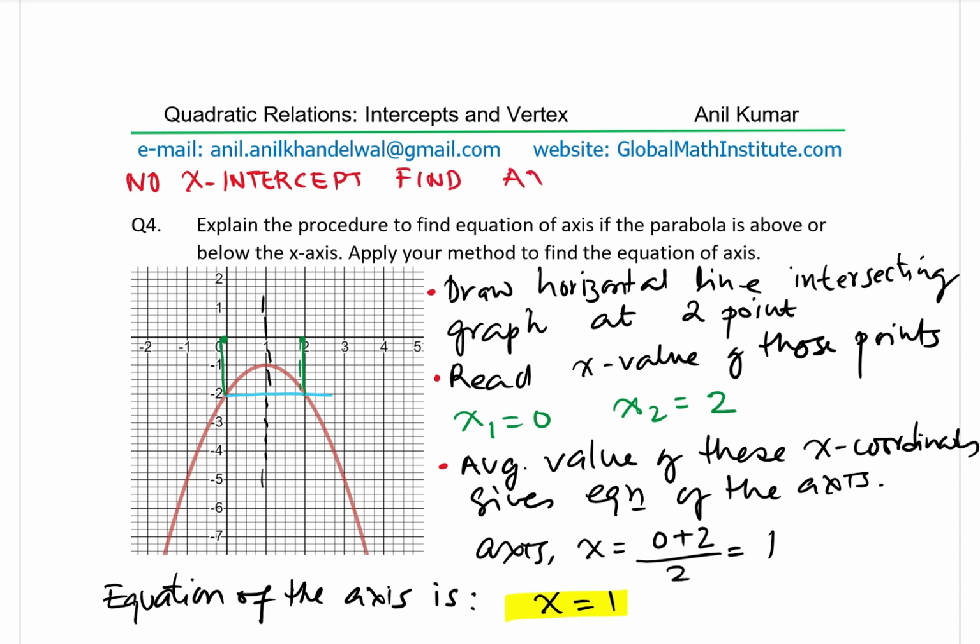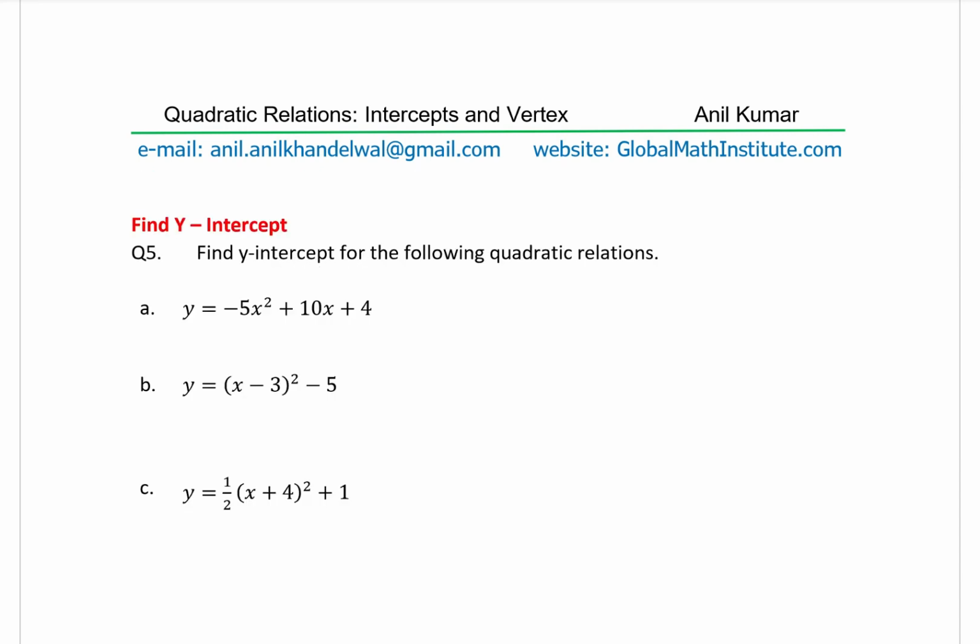Find axis. So that is the type of question which is critical. Now let's move on and take more examples. Now we'll get into equations and we will see how to find x and y intercepts from the given equations.